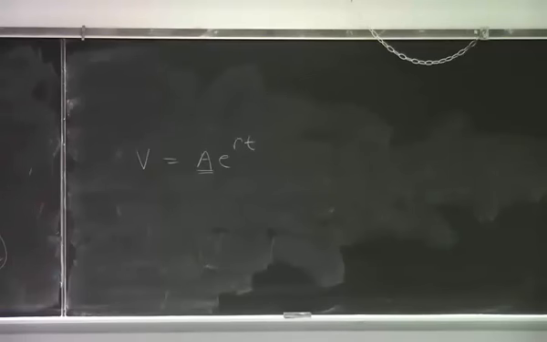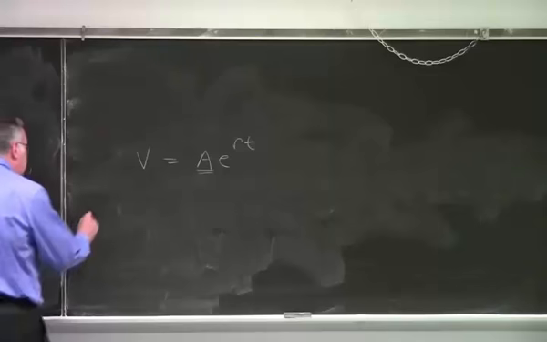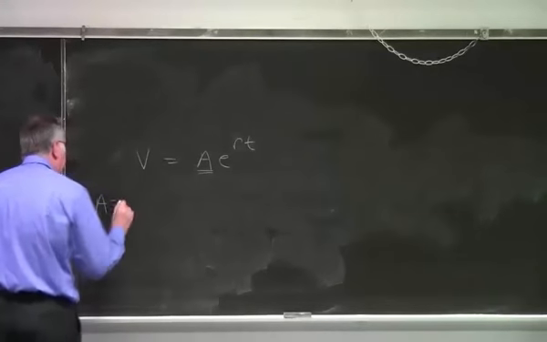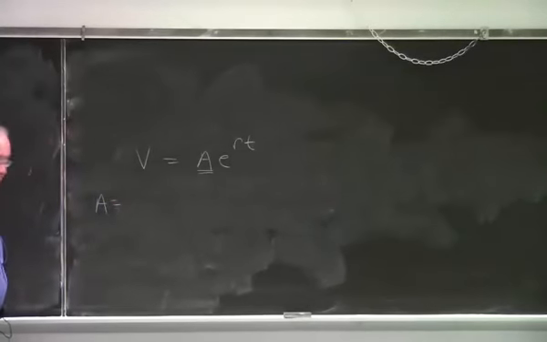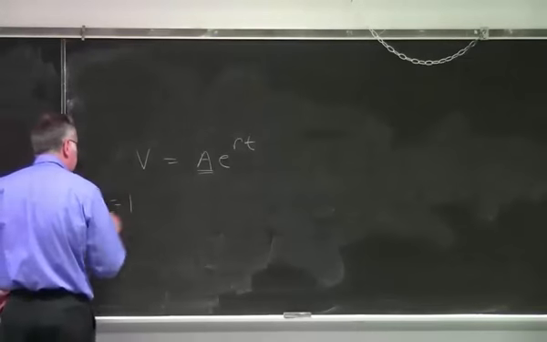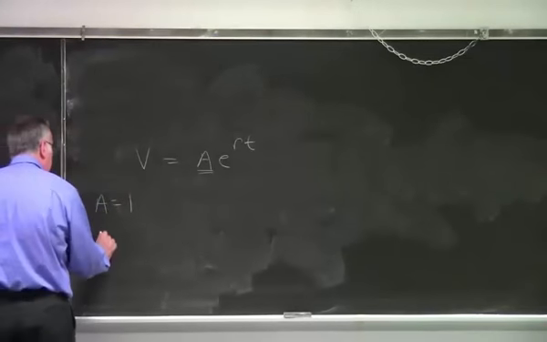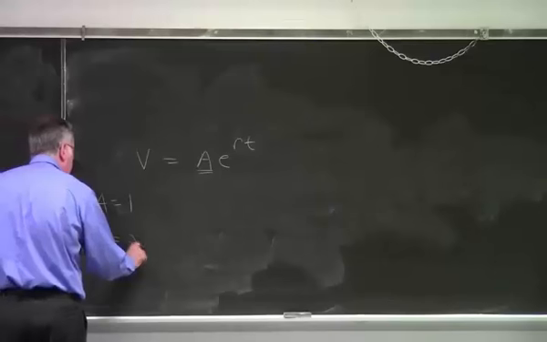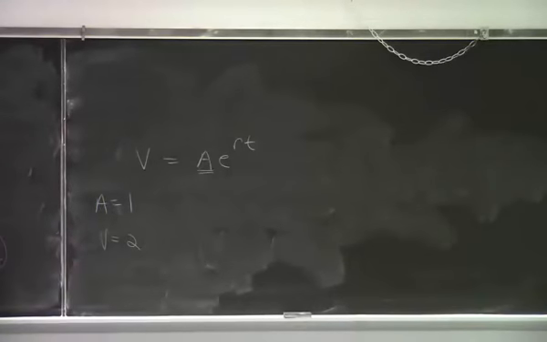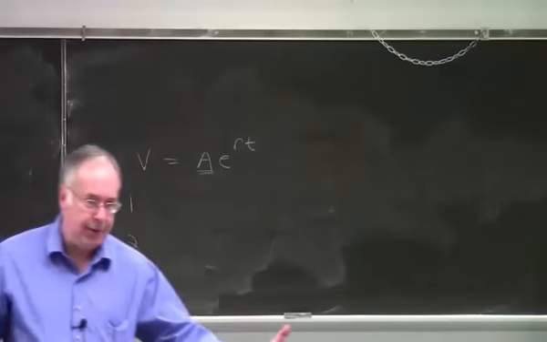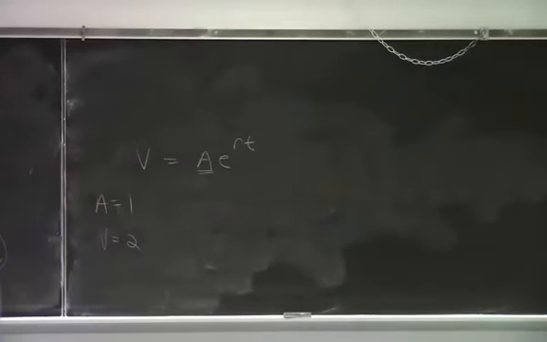To make this specific, let's suppose that currently your wealth is $1 million, but you think you need $2 million before you can retire. Okay, if you have $2 million, you figure, oh, that's enough. I can put it in the bank and I can live off the interest, and that'll be enough money for me.